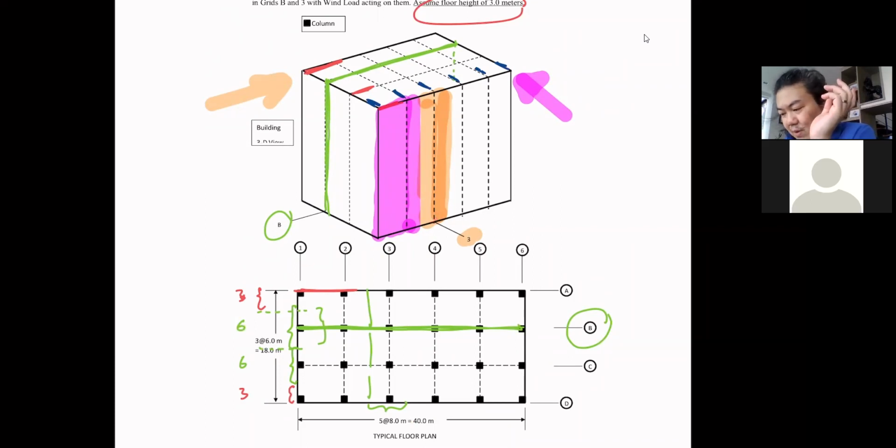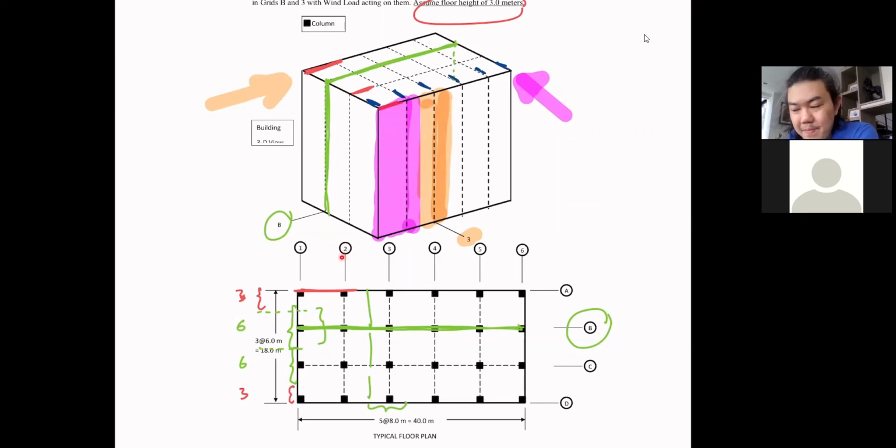But for frame number 1 and 6, it's going to be half of that. Correct? Yes. So I may decide to perform the analysis on frame number 2, and that would cover frame number 2, 3, 4, and 5.